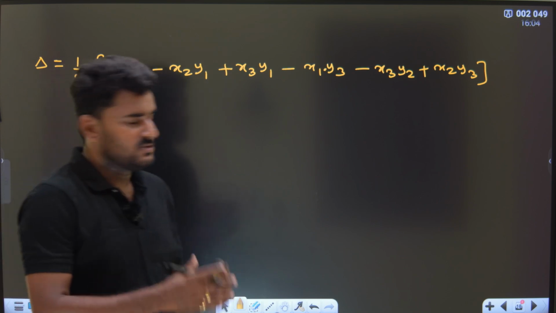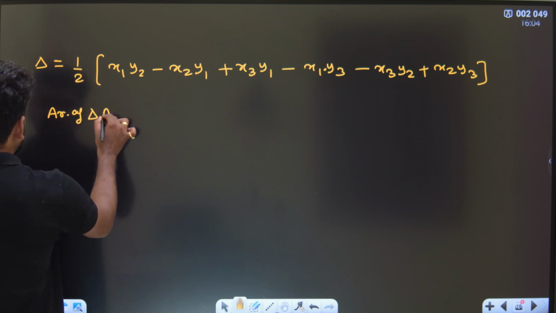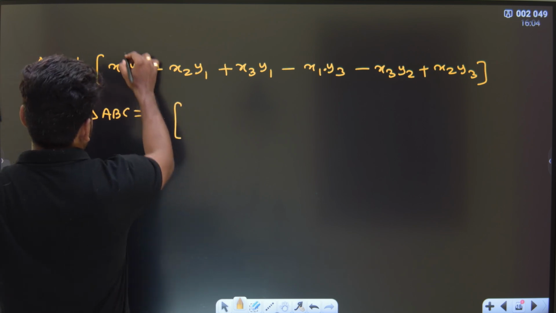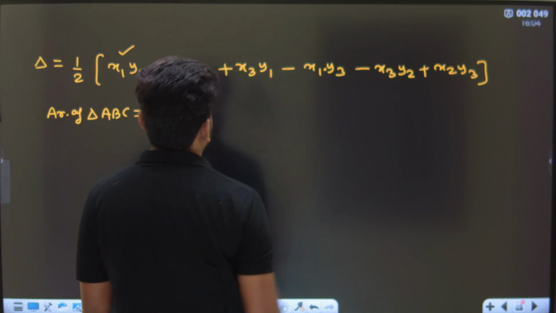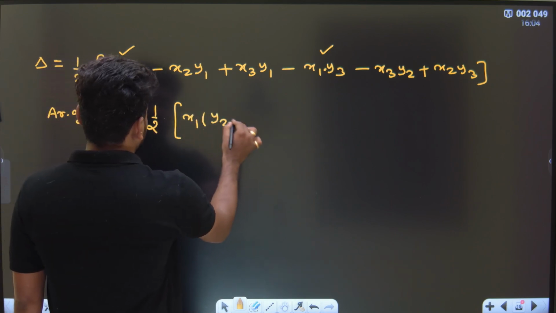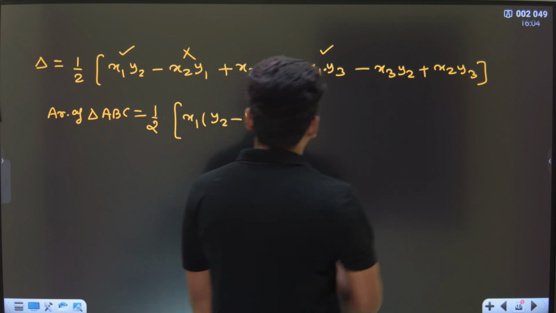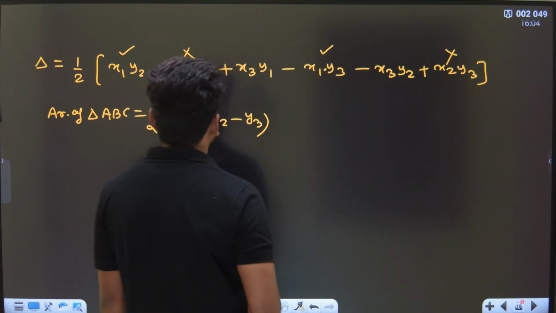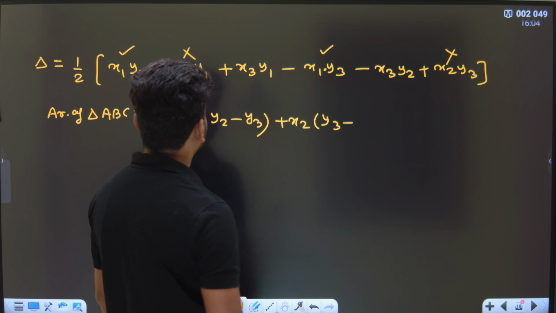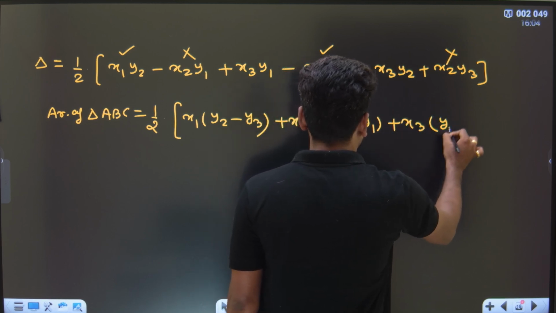When you solve this one, the area of triangle ABC equals 1 by 2, x1 common, so y2 minus y3. Here x2 y1 and x2 y3, so the common is x2 and I will get y3 minus y1, and similarly I will add x3 into y1 minus y2.